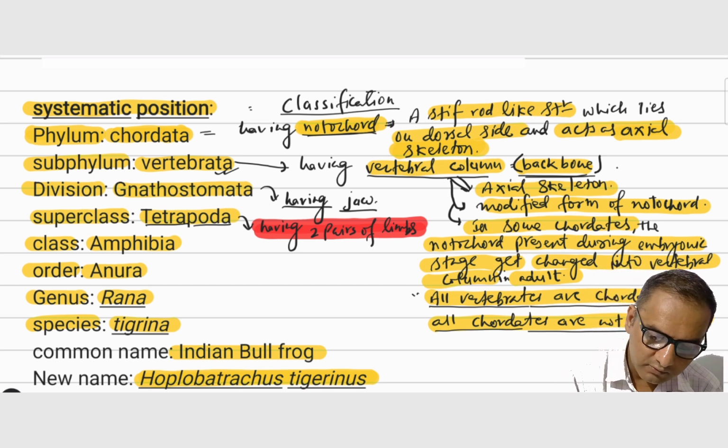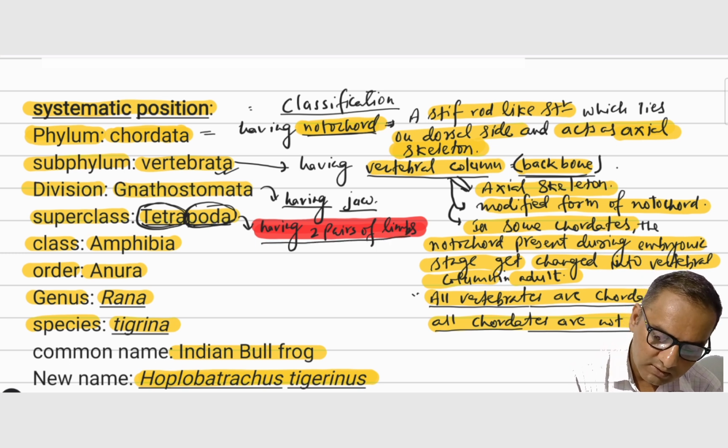What we have to know is that tetra means 4 and poda, here the podum, means the foot. So, 4 foot, that means having 2 pairs of limbs.